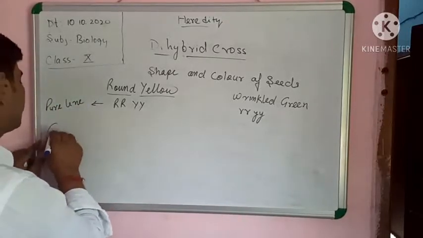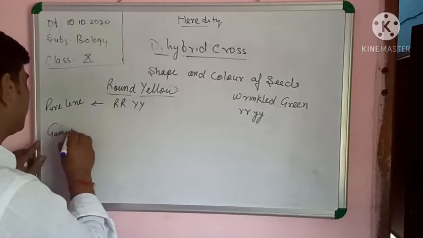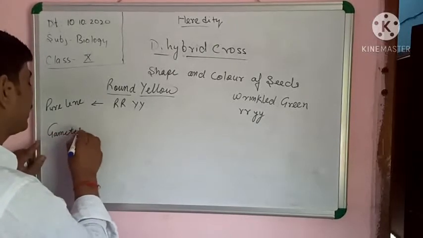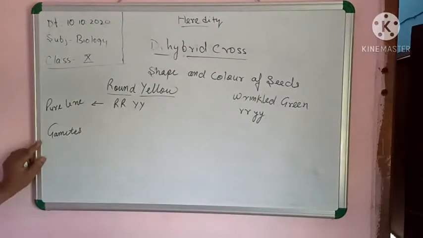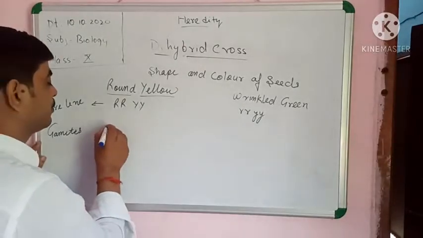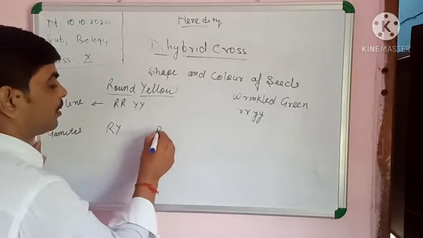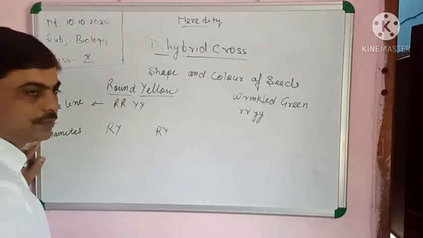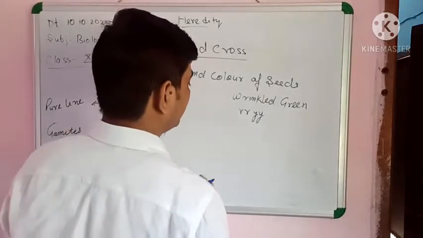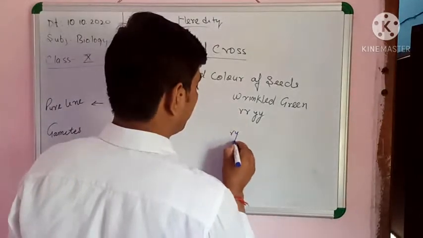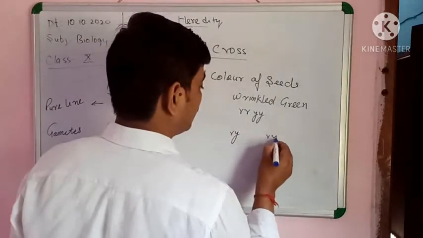Now gamete formation takes place here. Gametes. So the possible gamete is RY. Similarly here also the gametes are ry.